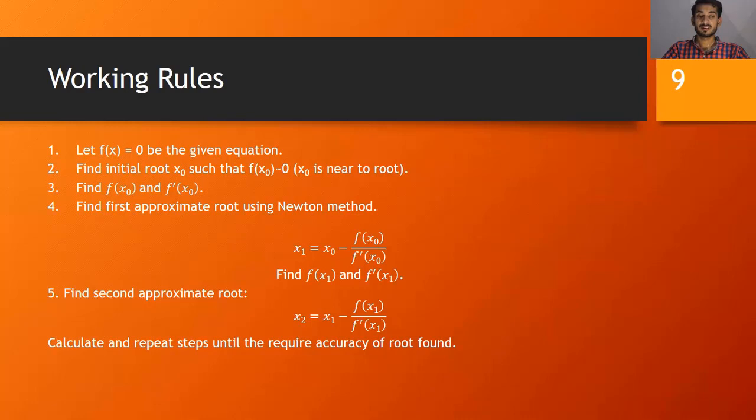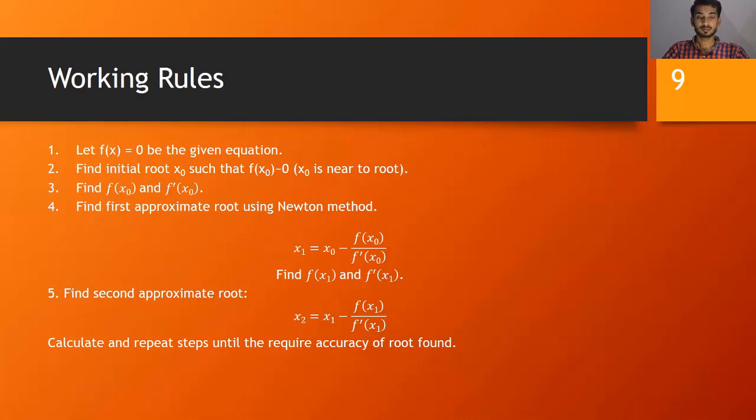Number three: find f of x0 and f dash of x0. Rule number four: find the first approximate root using Newton's method.